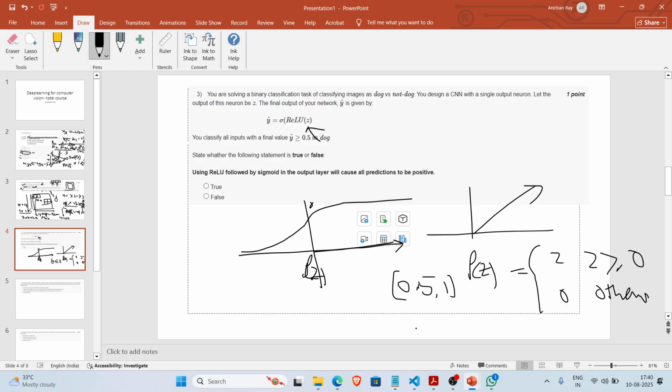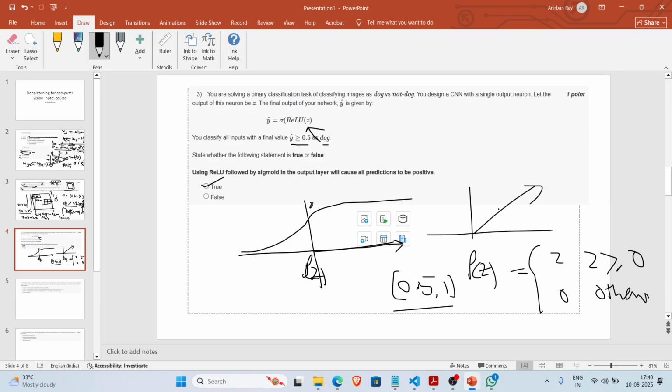If the output is greater than or equal to 0.5, we output dog. So, state whether the following statement is true or false: using a ReLU function followed by a sigmoid in the output will cause all predictions to be positive. That is correct, right? Because this is always the output, and this output is classified as a dog. So it will always classify as a dog, so it will always be positive. So this is true.